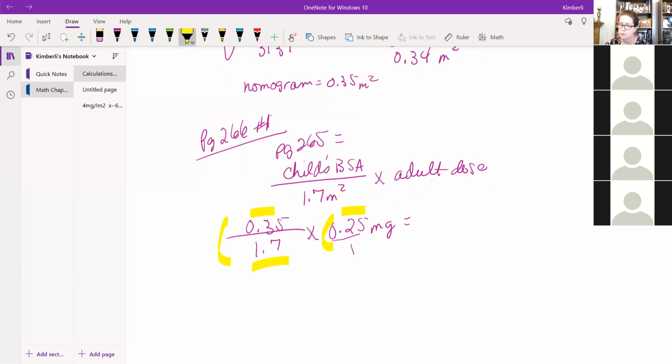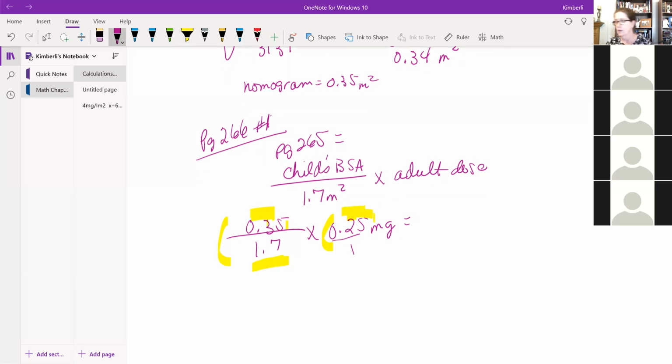Or you can do the bottom divided by the top times the top. So I could do 0.35 divided by 1.7 and then multiply it by 0.25. Or I could do 0.35 times 0.25 and then divide by 1.7. You're going to get the same answer either way.